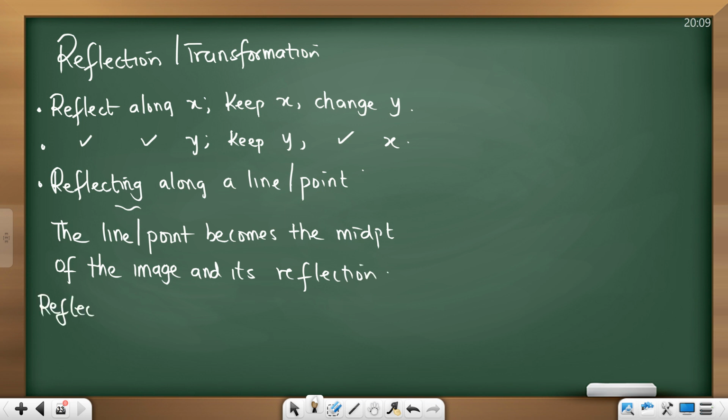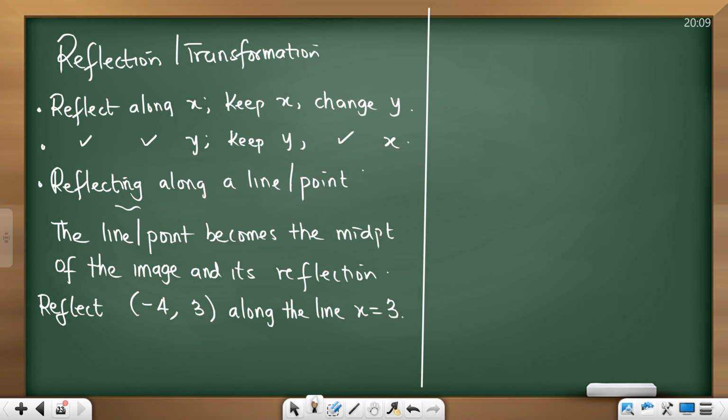Reflect -4 along the line x equals 3. Guys, we have a point here.